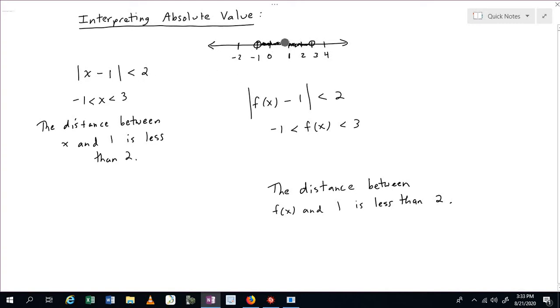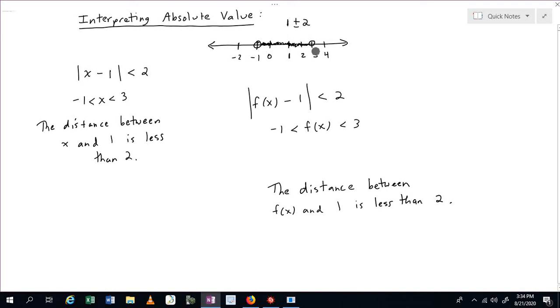So the answer would be all the numbers between negative 1 and 3. So x can be strictly between negative 1 and 3, and it will satisfy this inequality. Now, one way of interpreting this is to say that 1 is the center of this interval, and that's coming from here, and it has a tolerance of 2, so you can go plus or minus 2 from that center.